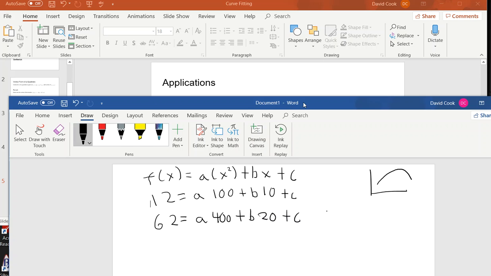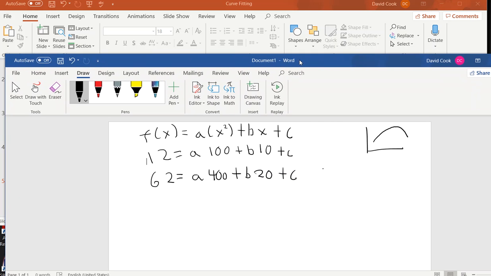And if I plug in 30, that's going to give me 72 equals a times 30 squared, which is 900, plus b times 30 plus c.